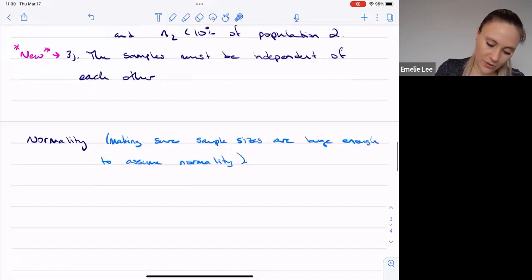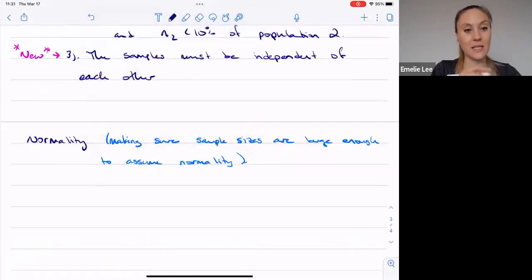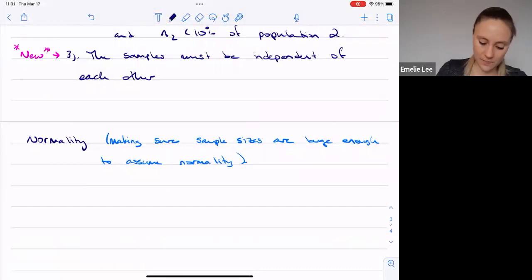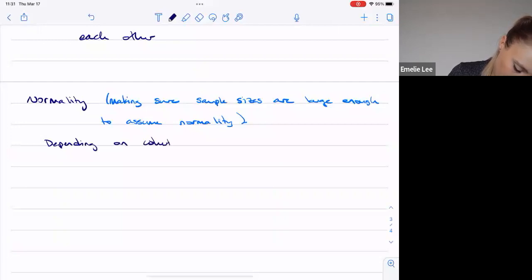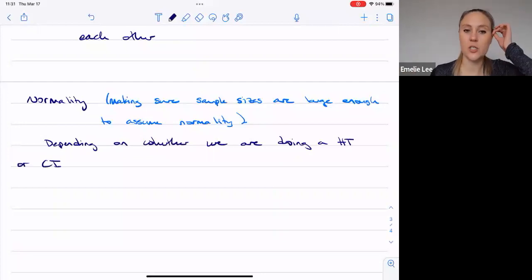Okay. And so the normality condition depends on if you are doing a hypothesis test or a confidence interval. Okay. Because the hypothesis test is kind of the way different one from before, I want to start there. So depending on whether we are doing a hypothesis test or a confidence interval, we check different conditions, right?